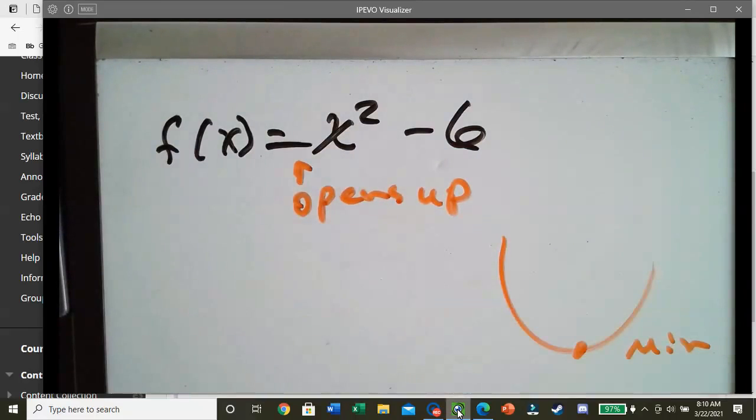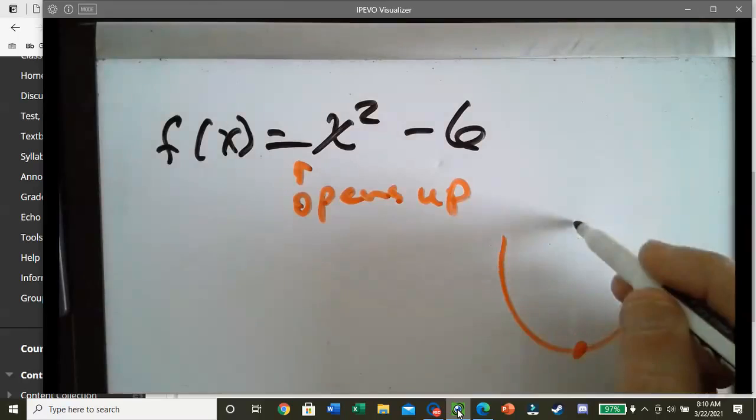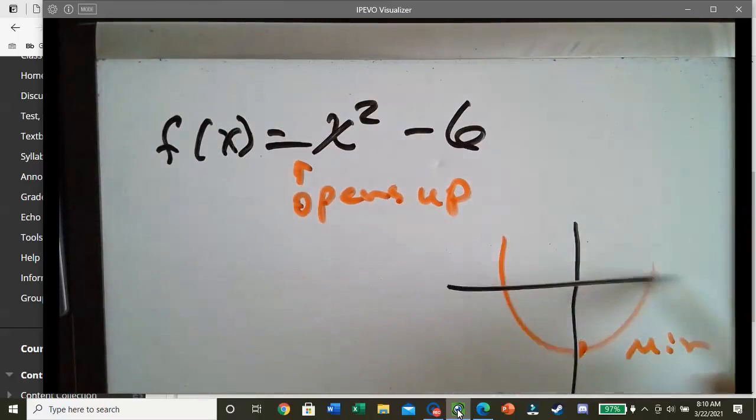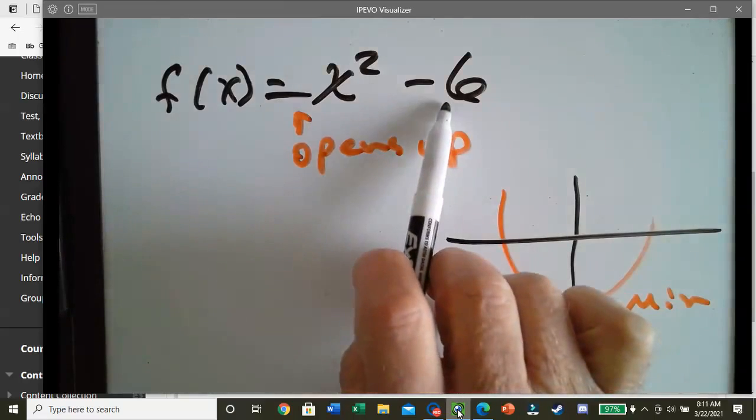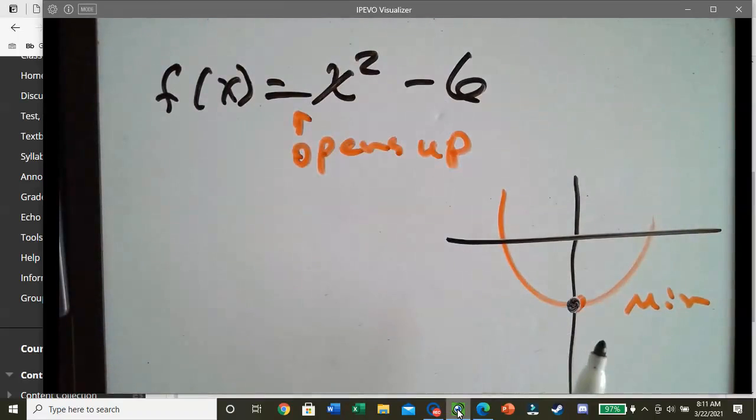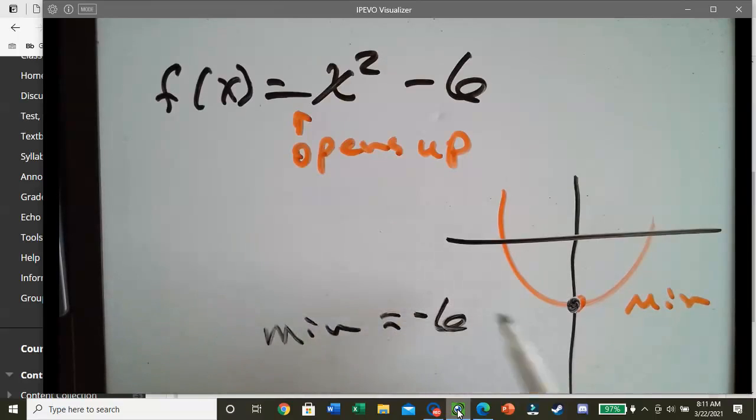So they tell you not to graph it, but I'm just showing you, okay, you know it's going to shift down, and you know that it opens up. So right now, we know that our minimum has to be what? -6. So our minimum is -6.